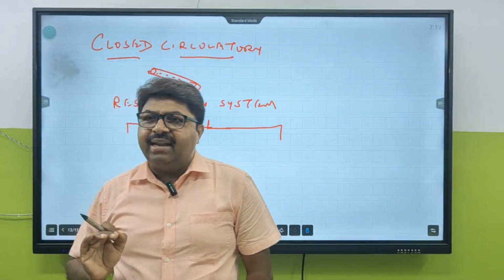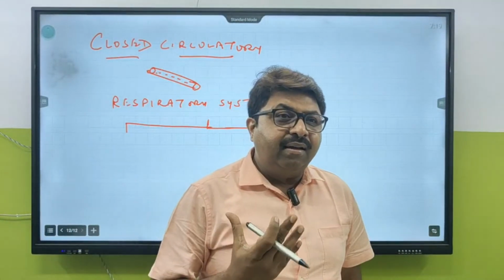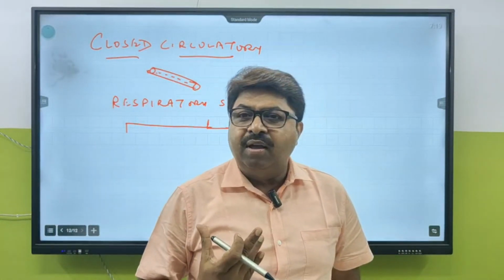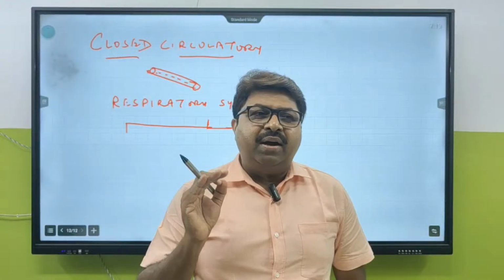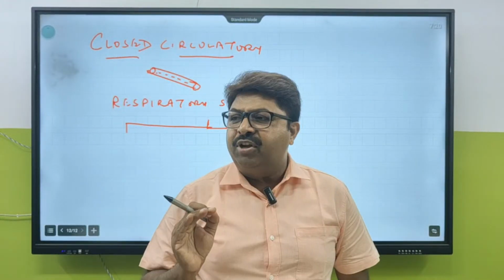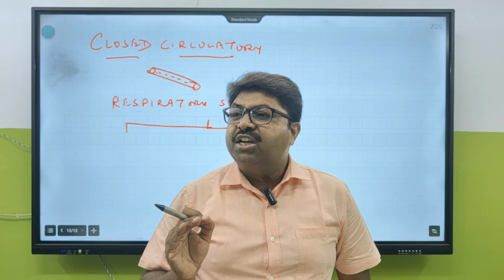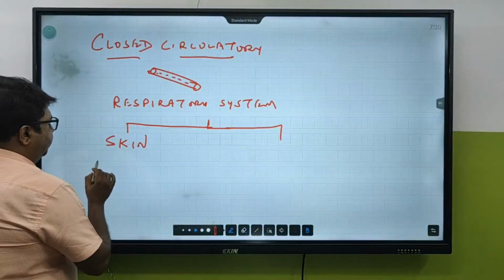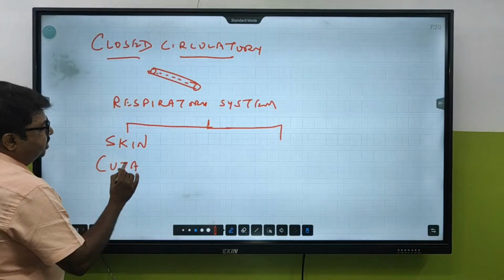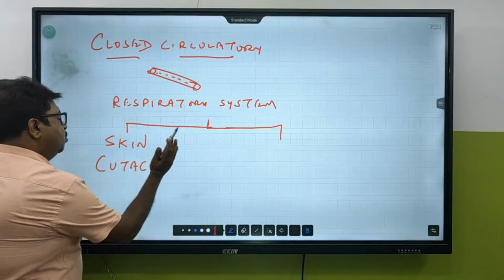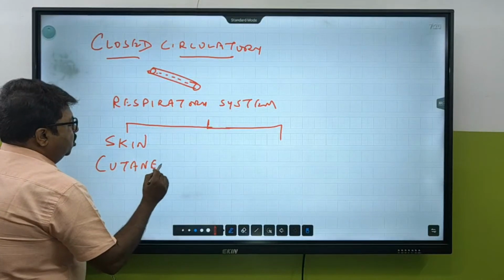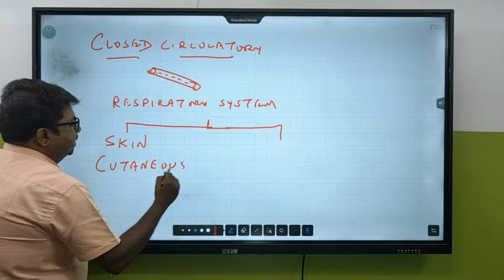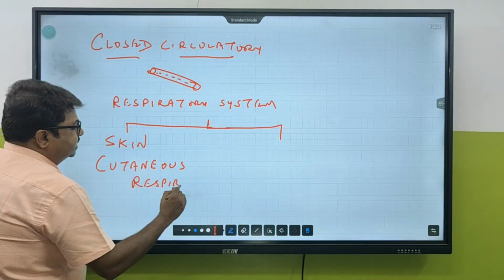That means with the help of this skin, they can go for respiration. If an organism respires with the help of their skin, we call that respiration cutaneous respiration.